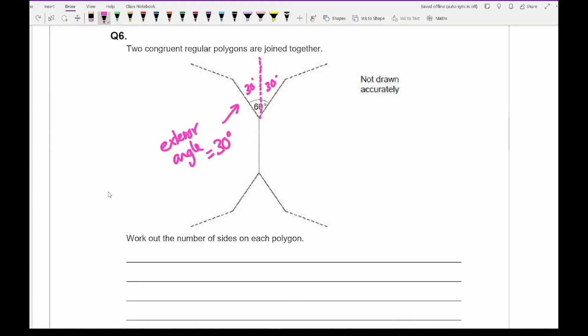Just like what we did in the previous question, we're going to do 360 divided by 30 equals the number of sides. And then it's going to be 36 divided by 3, which gives me an answer of 12. So it's going to be 12 sides.